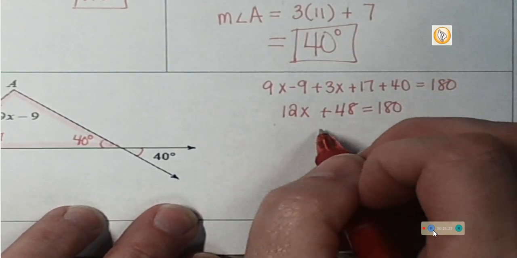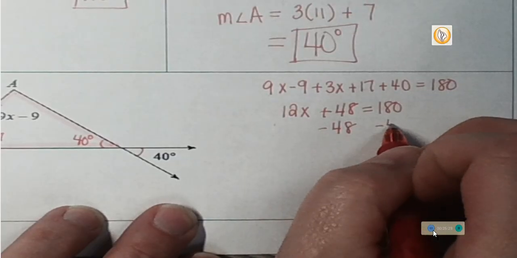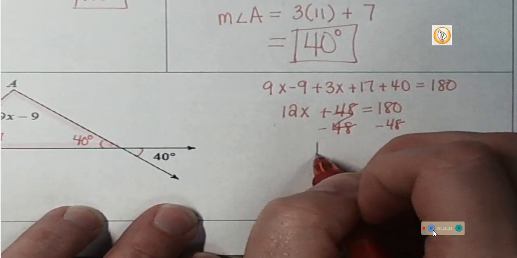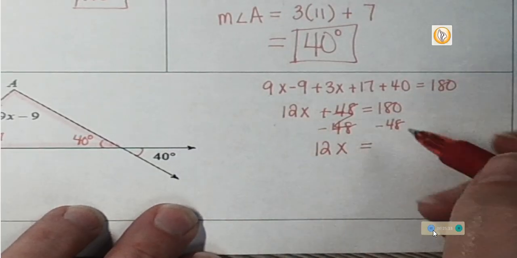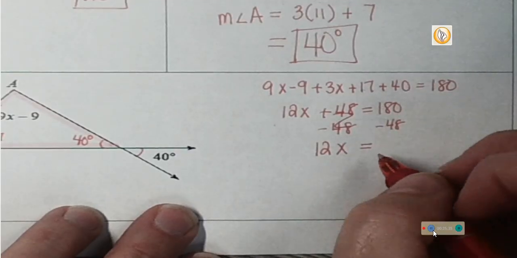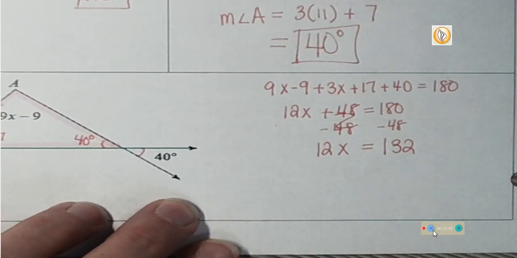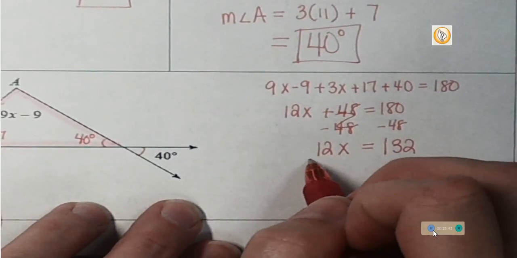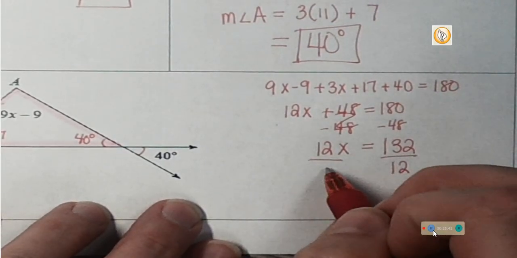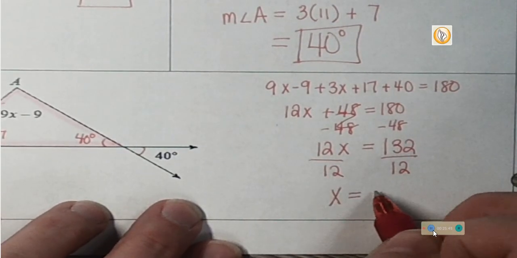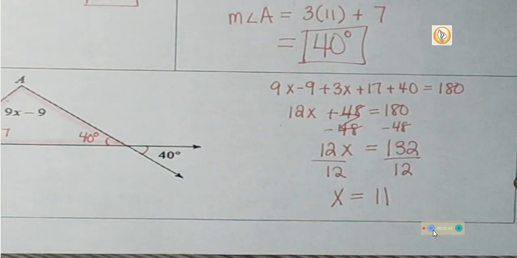I want 12x by itself, so I'm going to minus 48. Inverses cancel. 12x, 180 minus 48, my calculator told me it was 132. How do I get x all by itself right here? I undo times by, divide by 12. X equals 11.